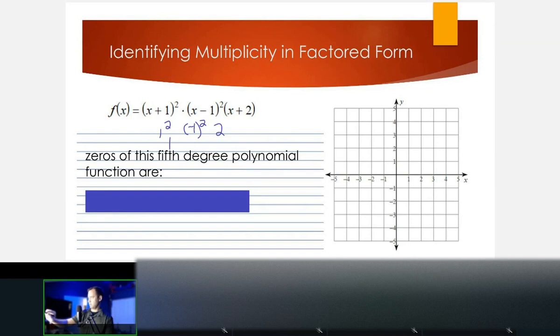So that's going to be 1 times 1 times 2, which equals 2, right? So the y-intercept is equal to (0, 2). Would all of you agree with that? (0, 2)?